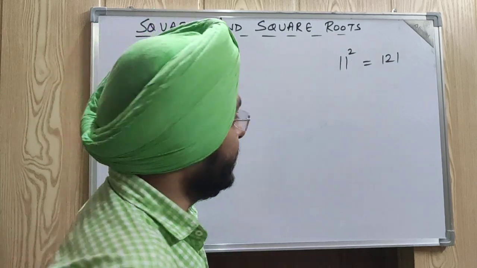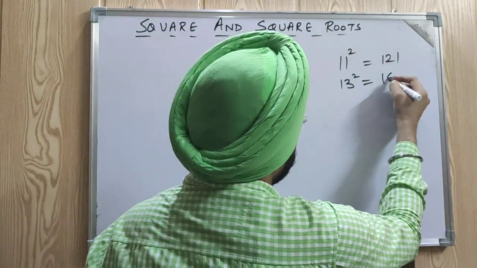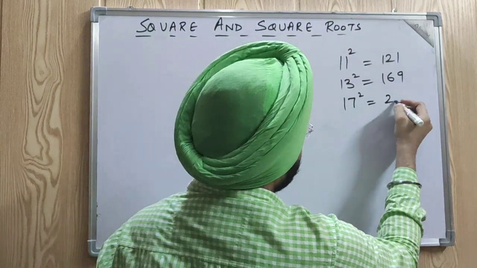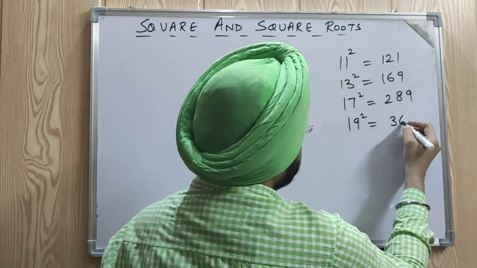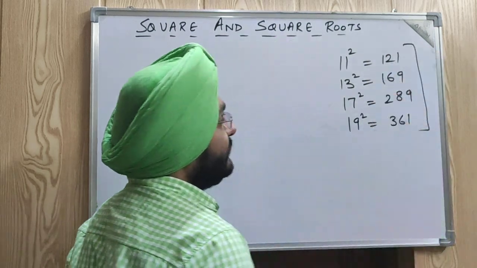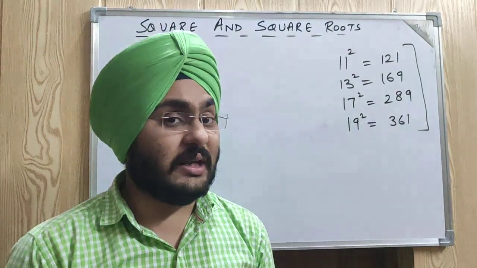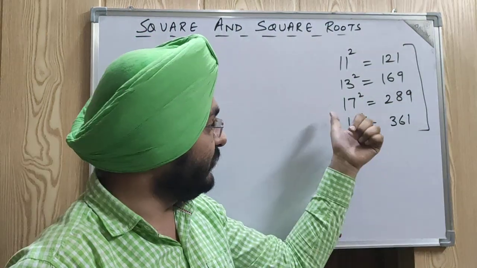Please keep these in mind. Okay, 12 you no need. For 13 square will be 169. Okay, next coming to 17 square. So 17 square is 289. And then 19 square will be 361. Please keep this square of these 4 numbers in mind. Totally it should be in your mind when you are doing the questions. It will be easy for you.